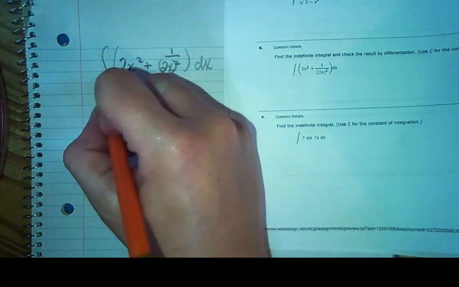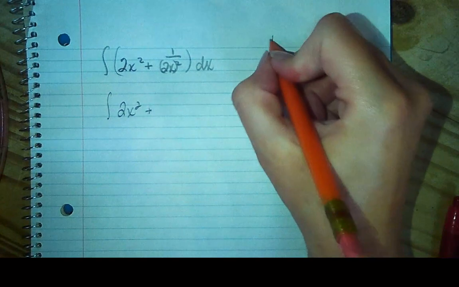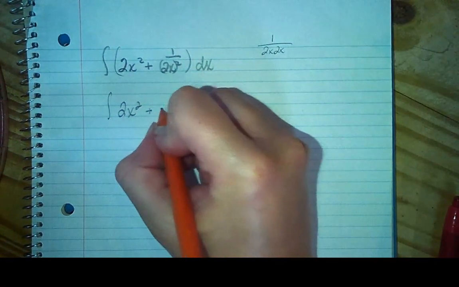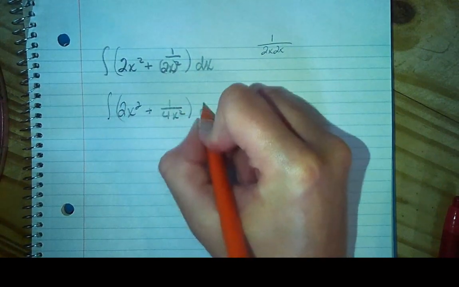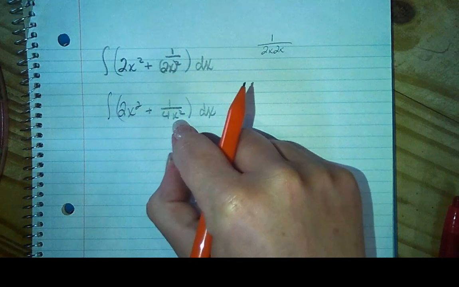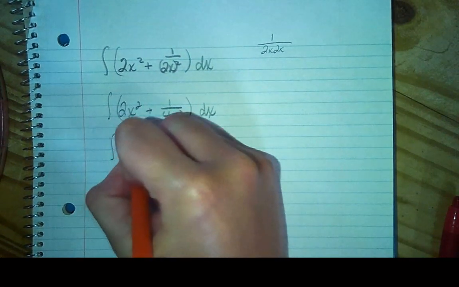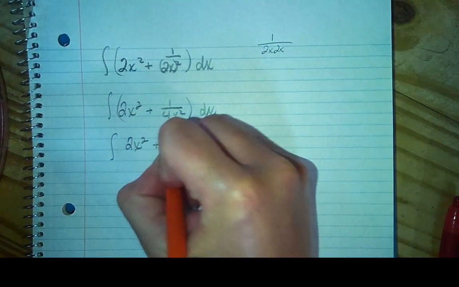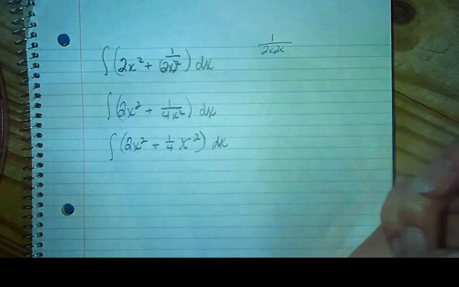Okay, so I can rewrite it as 2x squared plus, remember that's the same thing as 1 over 2x times 1 over 2x. So that's actually 1 over 4x squared. And now all I've got to do is bring that up top with a negative exponent. So I've got 2x squared plus 1/4 x to the negative 2 dx. And now I can integrate, and I don't even have to balance anything.